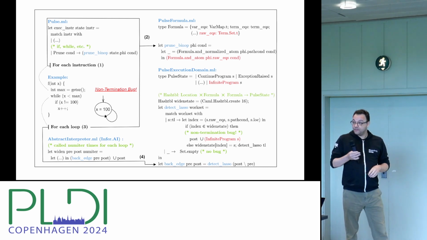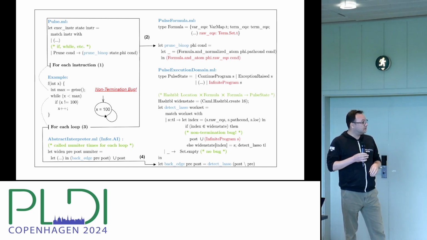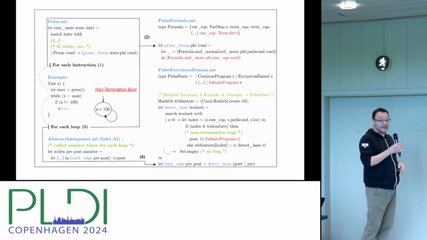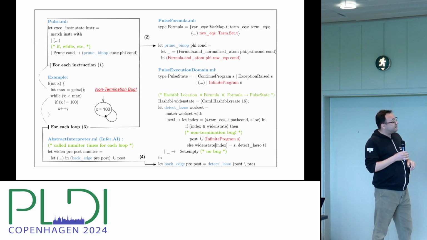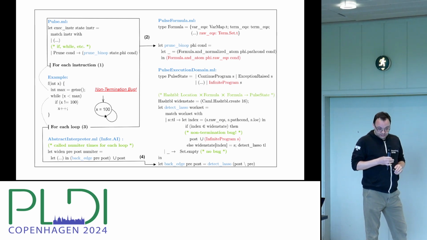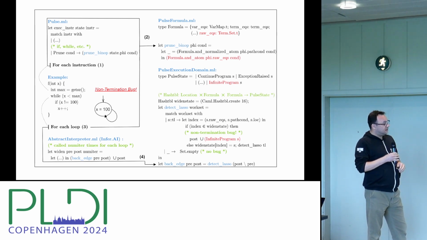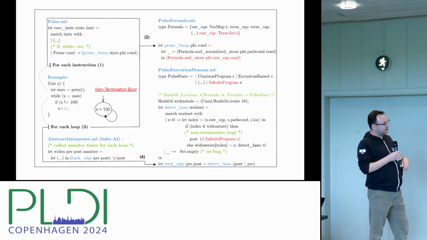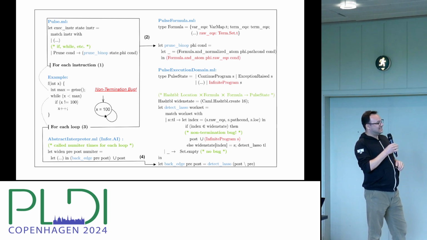Like Jules mentioned previously, it's kind of an SMT solver without using an SMT solver. It's very, very fast. And then you have the Pulse execution domain, which is a core part of Pulse where the Pulse state, or it's not called Pulse state in the code, but I just renamed it as such for clarity, where those Pulse states, the types of Pulse state, are actually tracked.